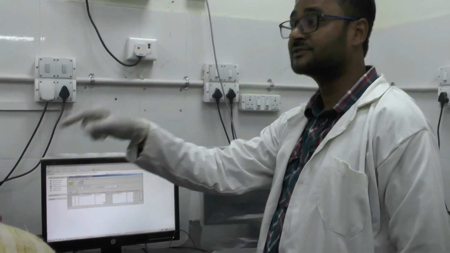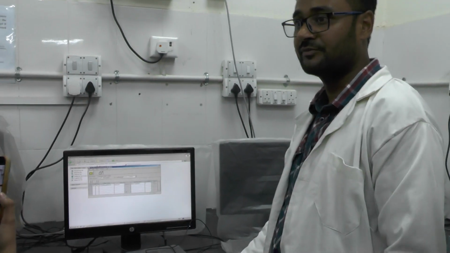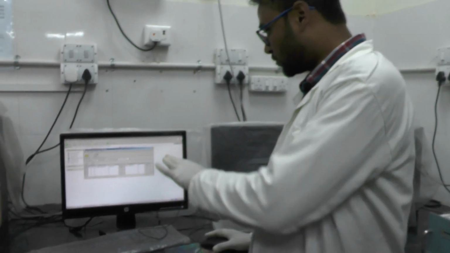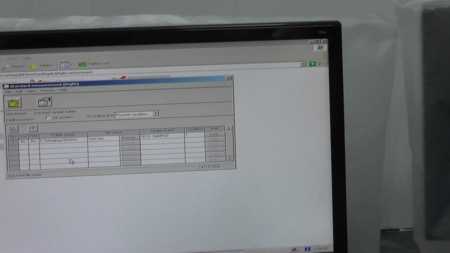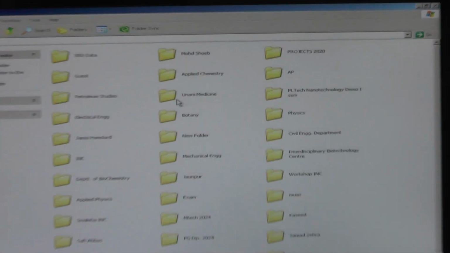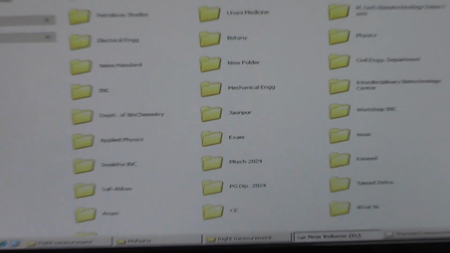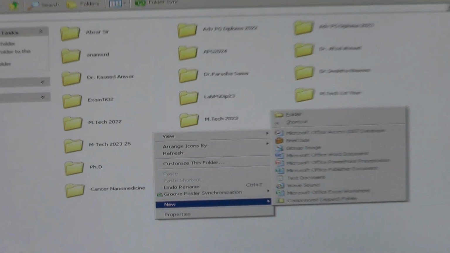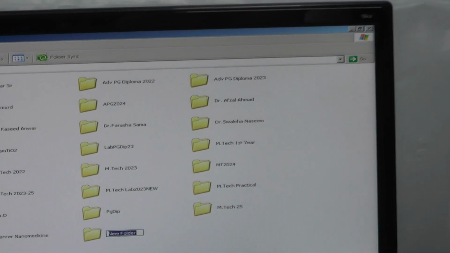Okay, so what is the temperature right now? Just see the temperature. 21. So it is safe to operate. Here you can give the specifications. For example, you can write INC. Below 21 it will not work.